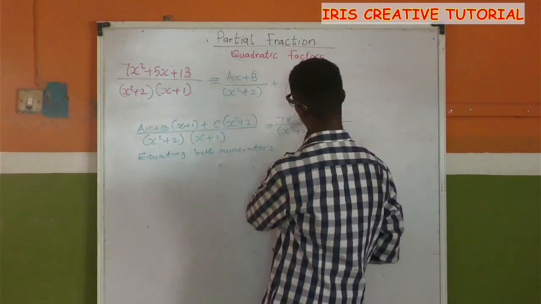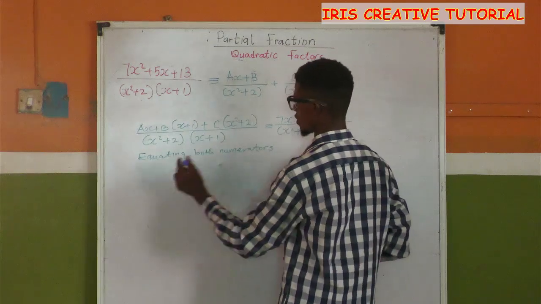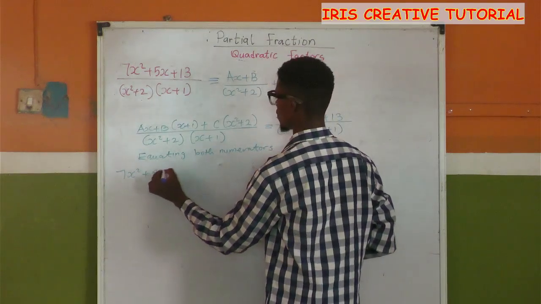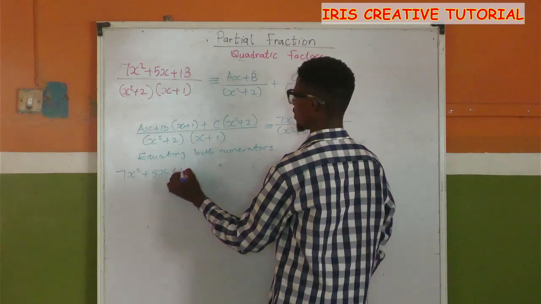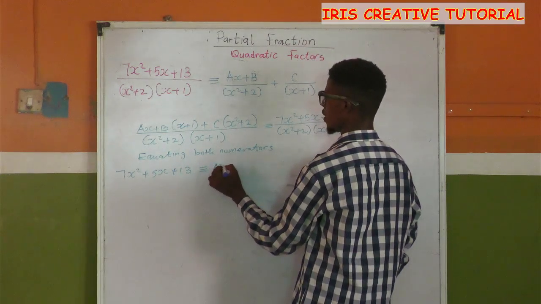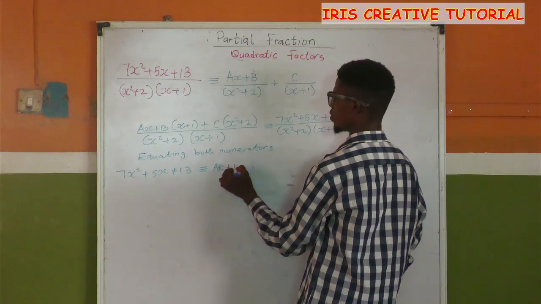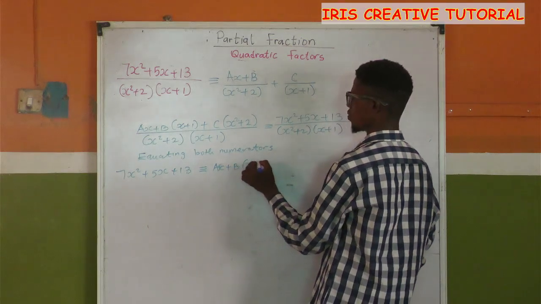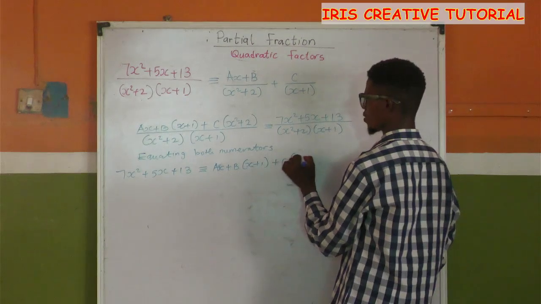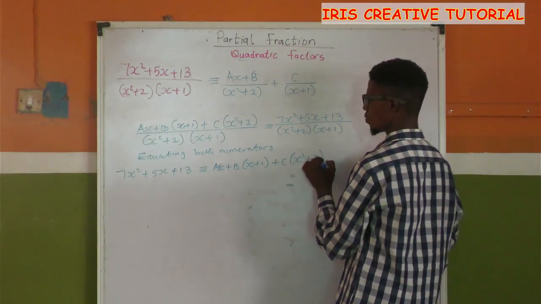So we have 7x squared plus 5x plus 13 is equivalent to ax plus b, that's times x plus 1, plus c into x squared plus 2.